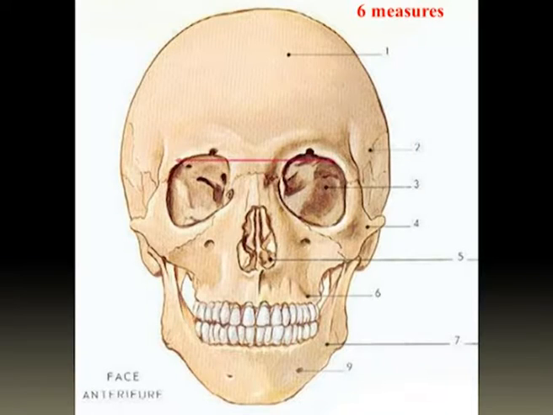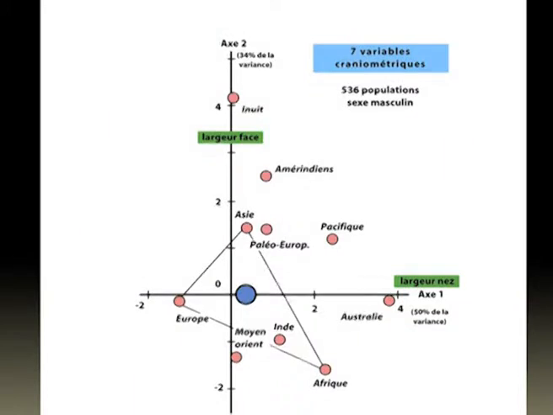So for this study, I used only 6 measurements: the skull length on the profile, and on the face, the maximal skull breadth, the breadth of the face, which we call bizygomatic breadth, the height of the face, and the nose dimensions.